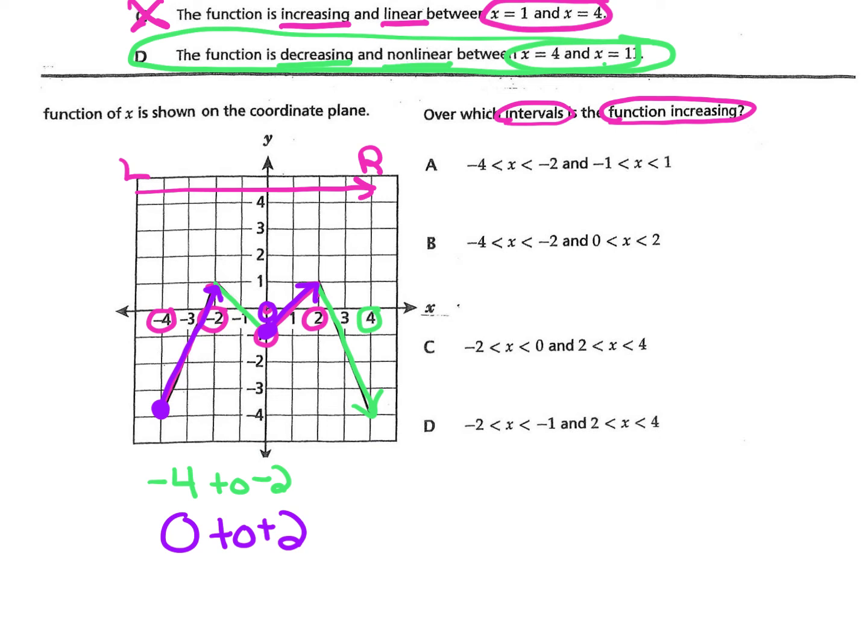Now choose A, B, C, or D, depending on which you feel is correct. Pause the video, make a choice, and turn the video back on to check your answer. Pause it now. You should have chosen letter B. This concludes the video on piecewise functions.